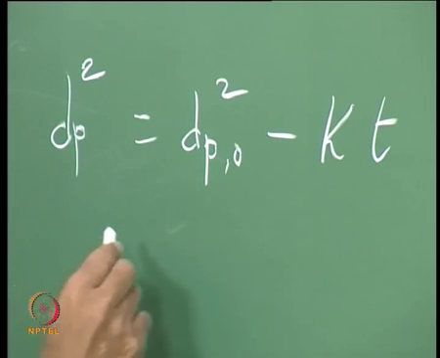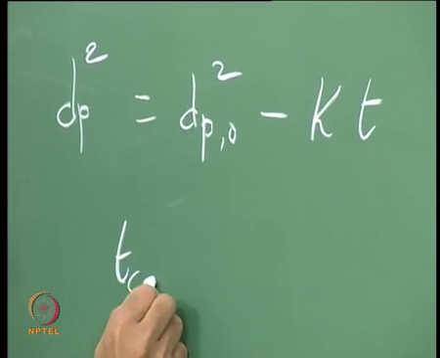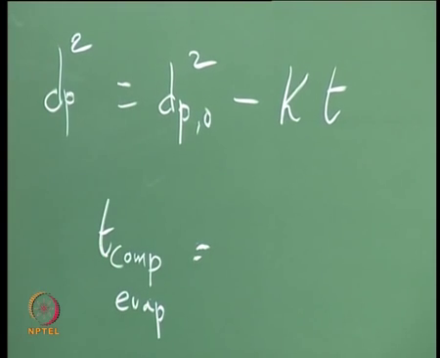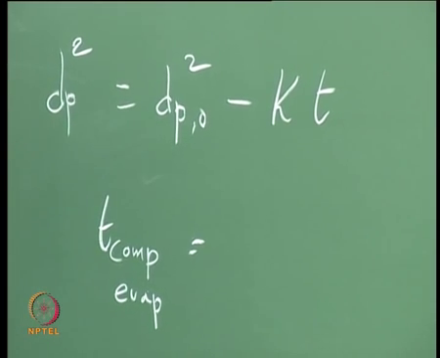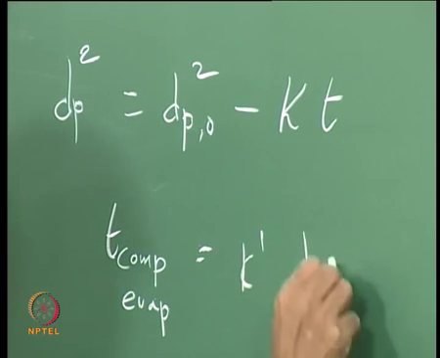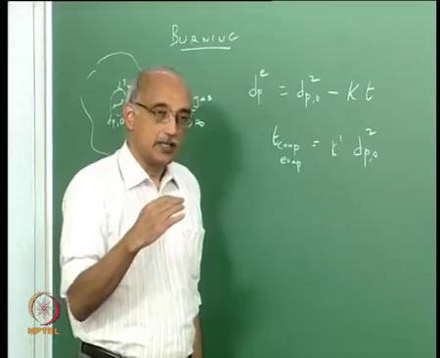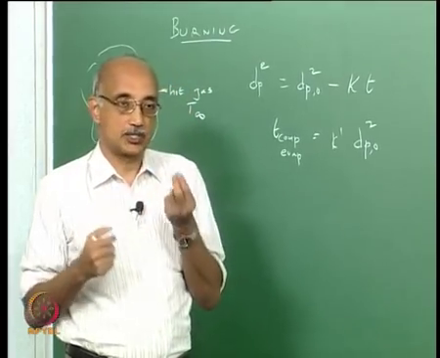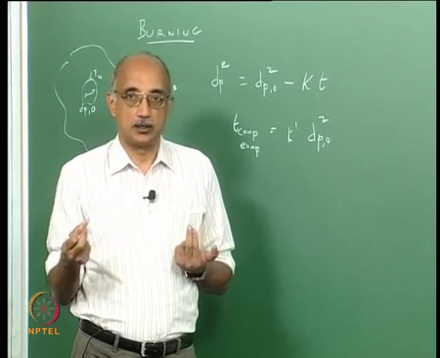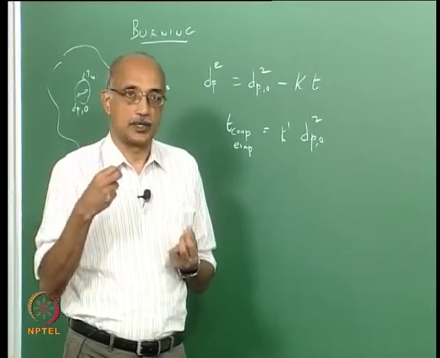Now, from this you can also extract t for complete evaporation by simply equating dp to 0, and when you do that you basically get some k prime times dp0 squared. In other words, the time required for complete combustion of a droplet or a particle drops as the size of the particle or droplet decreases with a square dependence.